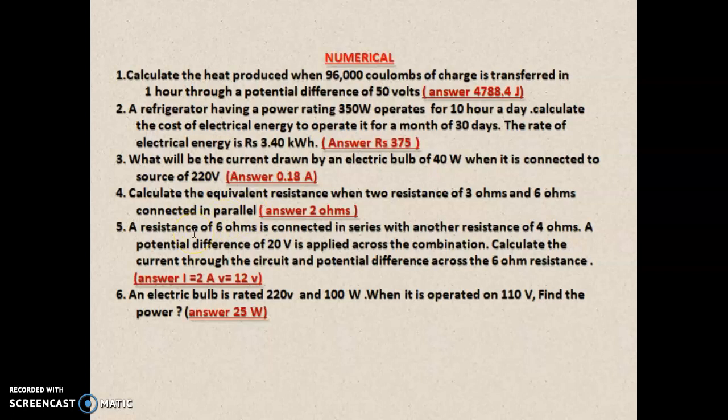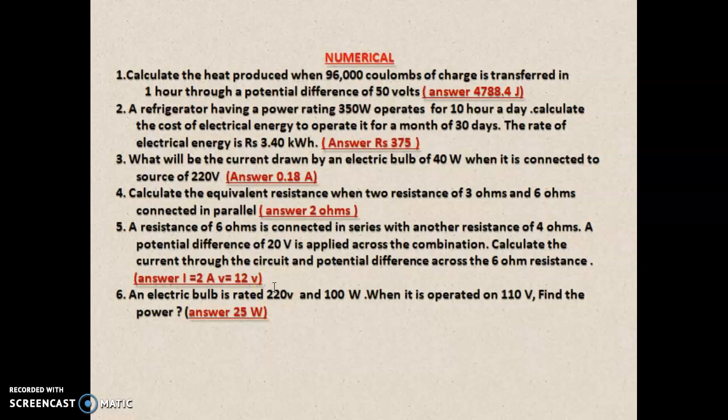Next, the fifth sum. A resistance of 6 ohms is connected in series with another resistance of 4 ohms. A potential difference of 20 volt is applied across the combination. Calculate the current through the circuit and the potential difference across the 6 ohm resistance. So here R1 is given, R2 is given.